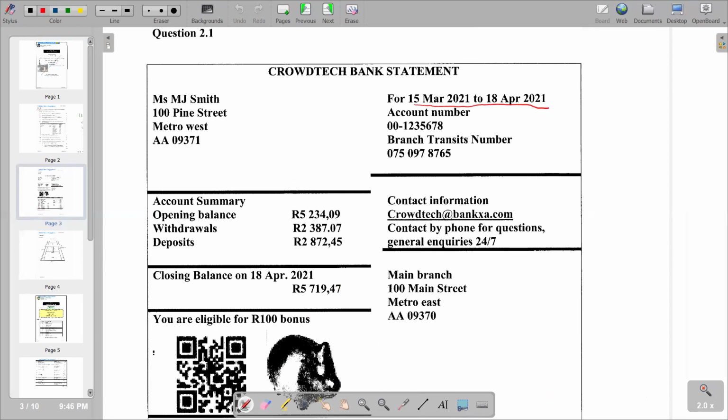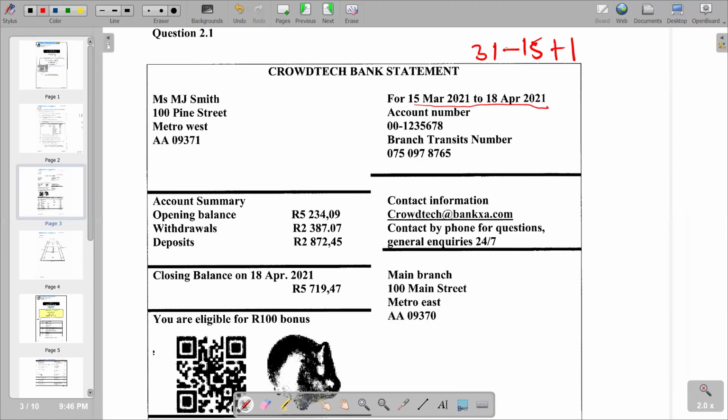So the period covers first March and then April. From 15 March to the end of March, remember March ends on 31 March, so we say 31 minus 15 to get the number of days in March.